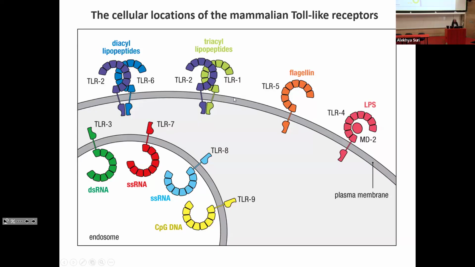Together they can recognize a large number of molecules present on various types of pathogens to trigger or activate macrophages and other innate immune cells. So this toll-like receptor is really a link between the outside invading pathogen and the host cell activation pathway. Okay.